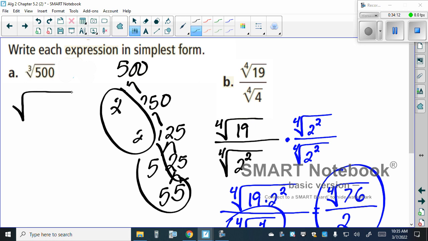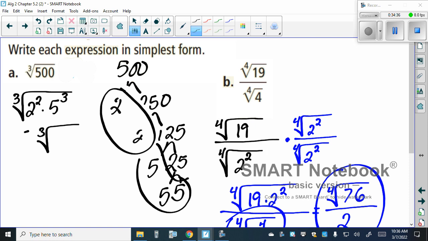So we can say the cubed root of 500 is the cubed root of 2 squared times 5 cubed. Can we take the cubed root of 2 squared? Well, no, we only have 2 of them, yes? So those will stay inside the cubed root, but our other number, 5, will come out completely, yes?